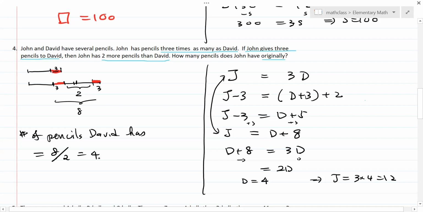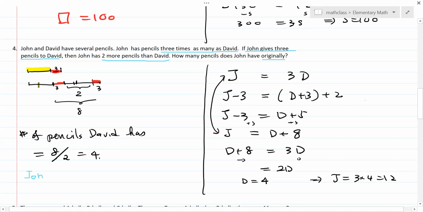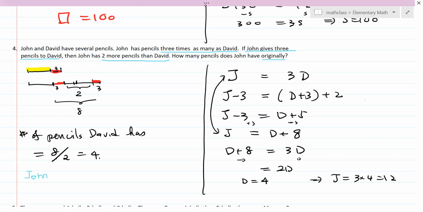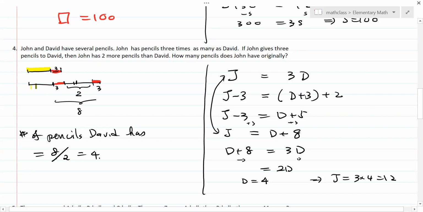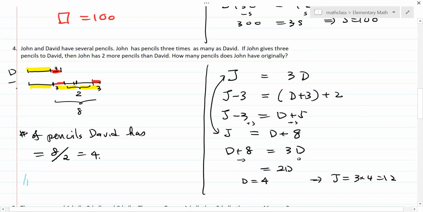This is how we do that. First of all, you draw the section for David. Then for John, it's going to be 1 section, 2 sections, 3 sections. This is David. This is John.